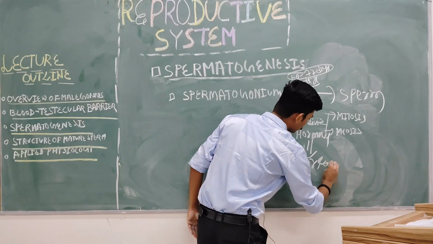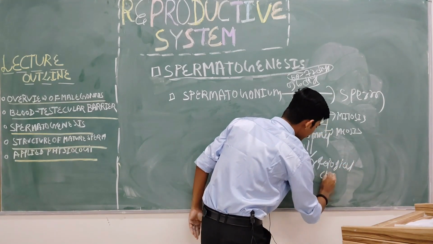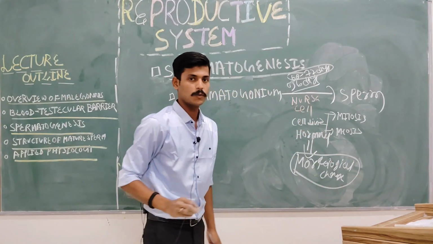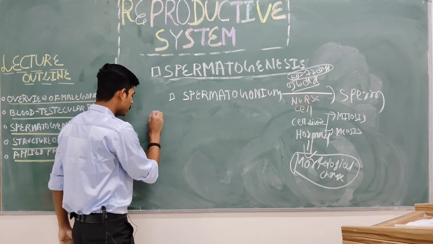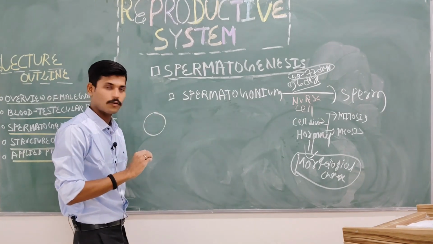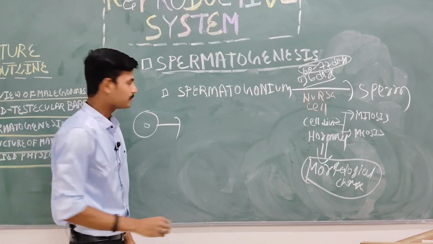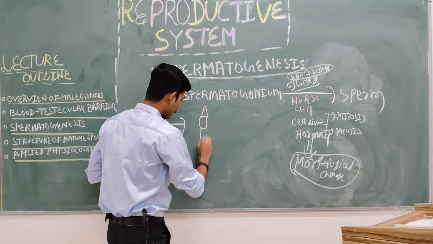Morphological changes means what you observe externally. At the end of the lecture you will see this round cell, the spermatogonia.